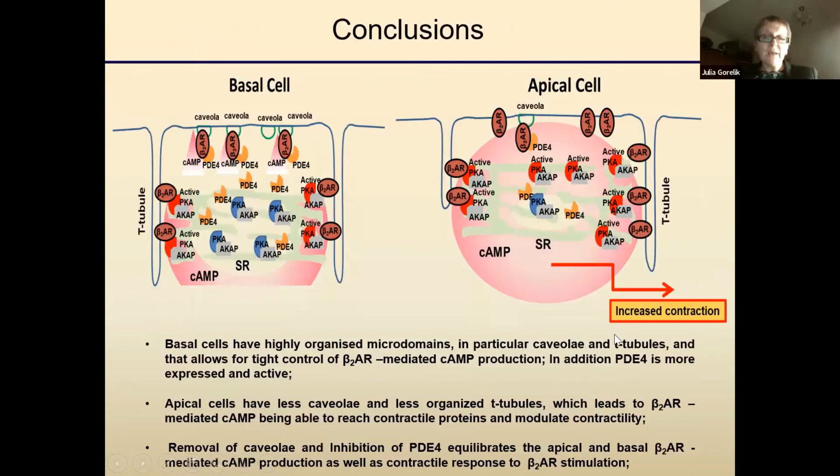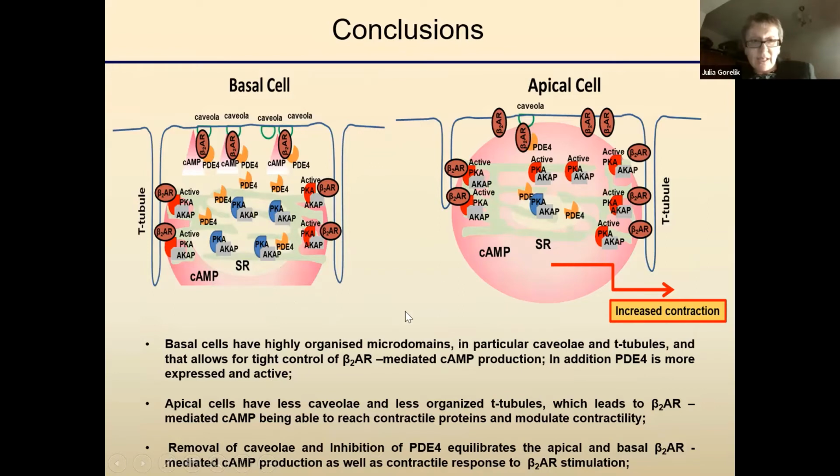And we conclude the basal cells and apical cells are different. Basal cells have highly organized microdomains, in particular caveolae and T-tubules, and that allows tight control of beta-2 mediated cyclic AMP production. In addition, PDE4 is more expressed and active.